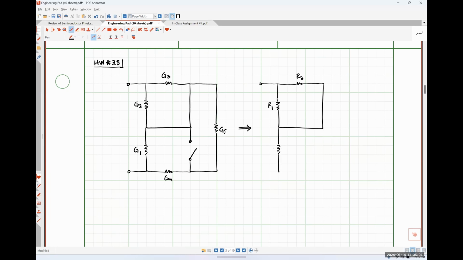Sorry, I said G2 with a resistance R1. That should be R2, my apologies. This is going to be R1. Here's R4. Our switch is still a switch.